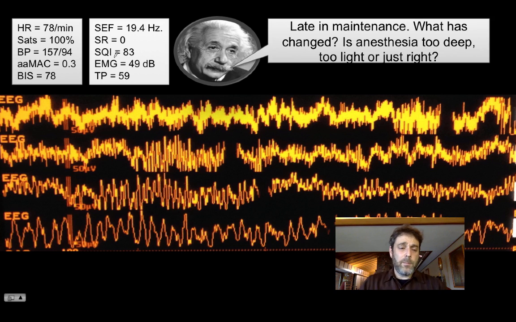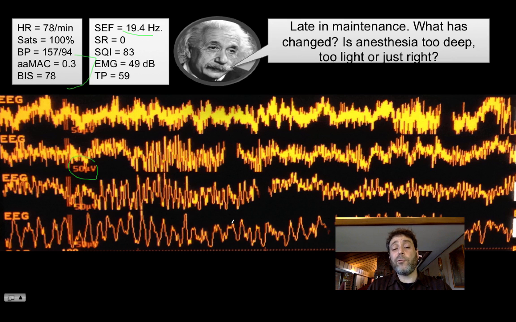Now it's the same patient, still at 0.3 Mach, but now we've made the scale a more helpful 50 microvolts. So now the spectral edge frequency is still around about 20, but you can easily count the spindles here, or the frequency of these waves.